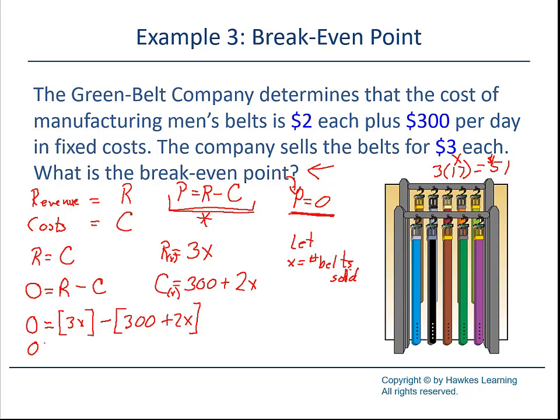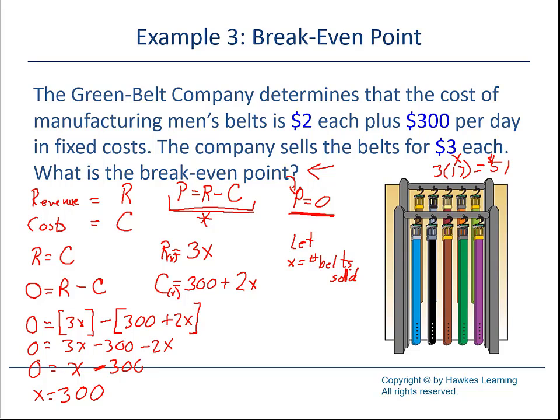We've got 0 equals 3x minus 300 minus 2x. 0 equals, the x's subtract, we get an x, minus 300, which I've got minus there. So add the 300 to both sides. X equals 300. I know the temptation is to say the answer is x equals 300.